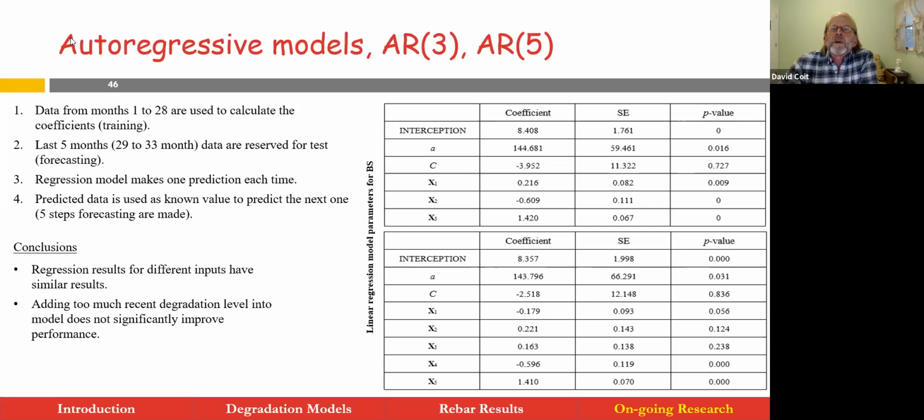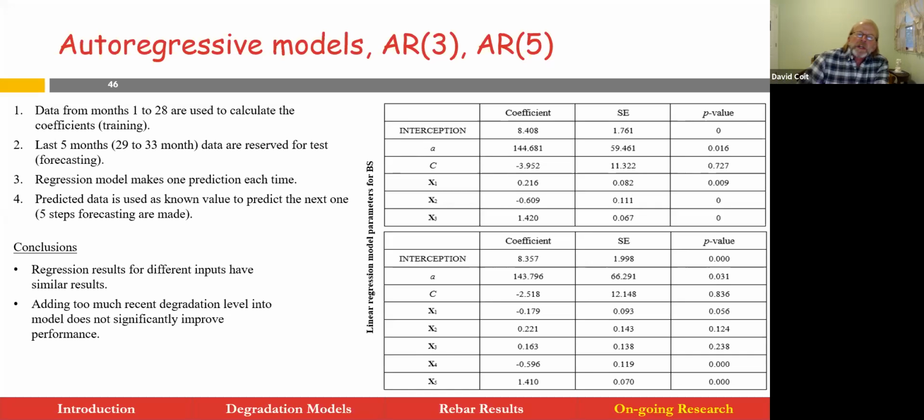So what we're going to do here is use months 1 through 28 to predict months 29 to 33. Now this is the autoregressive, where I don't need to do the same type of training as I do in the neural network.